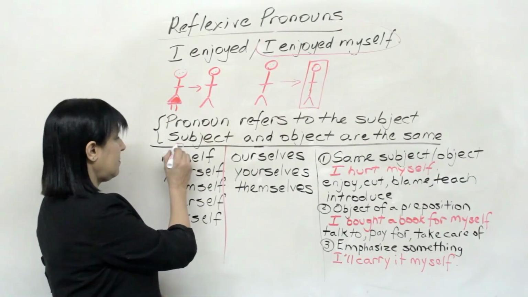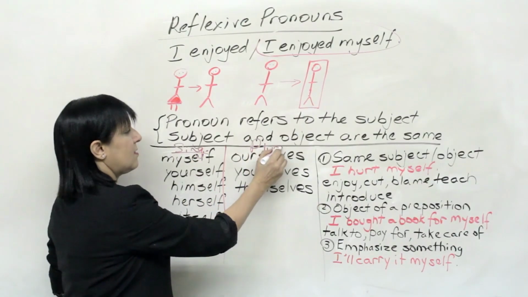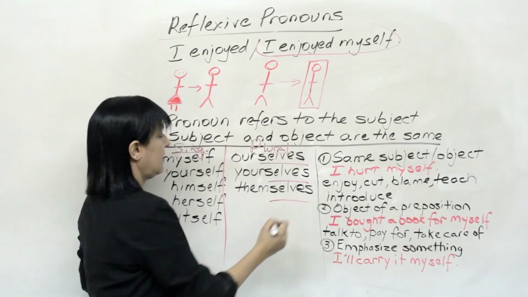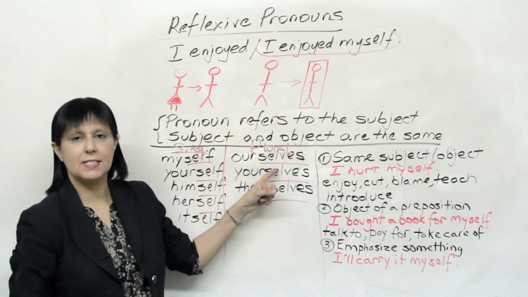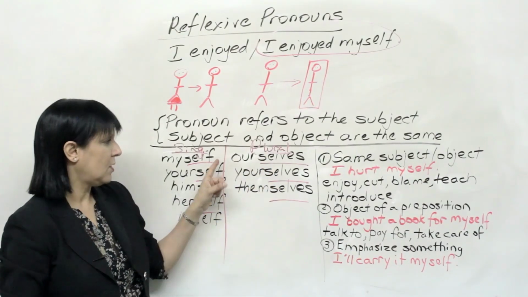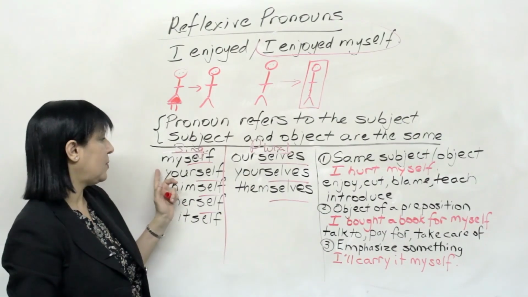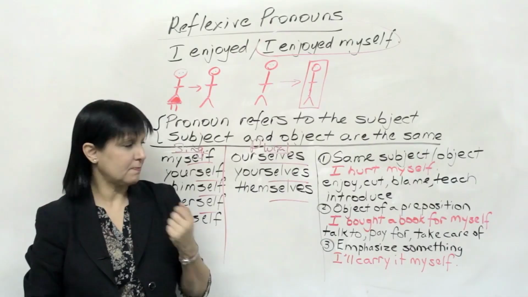Here in this column, these are all singular. And these in this column are all plural. And therefore we see self in the singular becomes selves in the plural. We enjoyed ourselves. You cannot say we enjoyed ourself because there's more than one person.